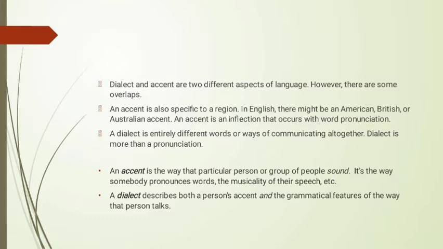Dialect is more than a pronunciation. Or we can say that an accent is the way that a particular person or group of people sound. It's the way somebody pronounces words, the musicality of their speech, etc. And a dialect describes both a person's accent and the grammatical features of the way that person talks.